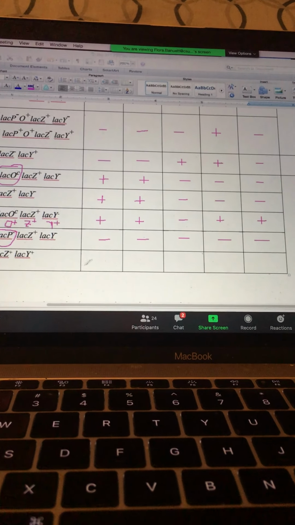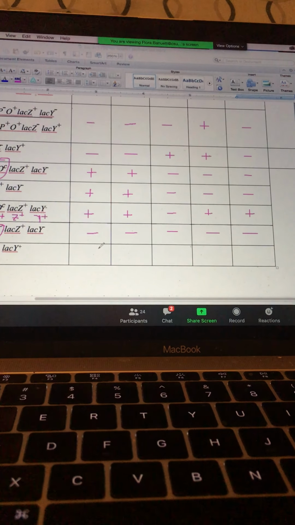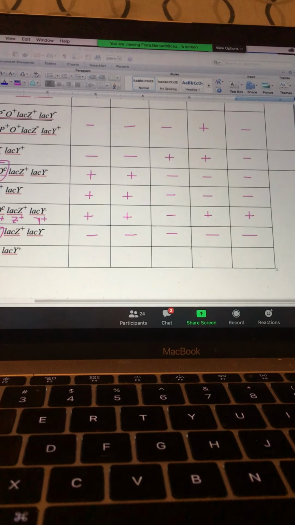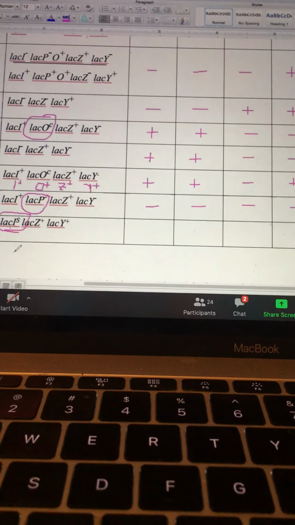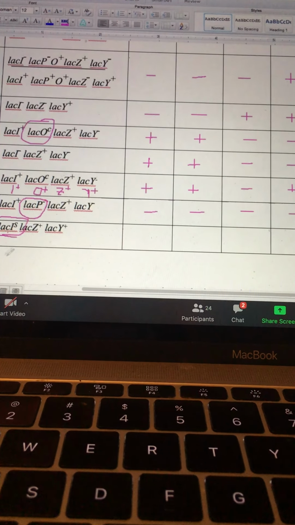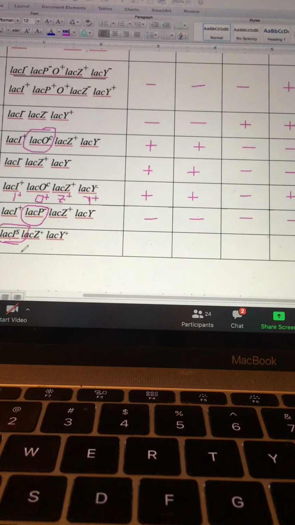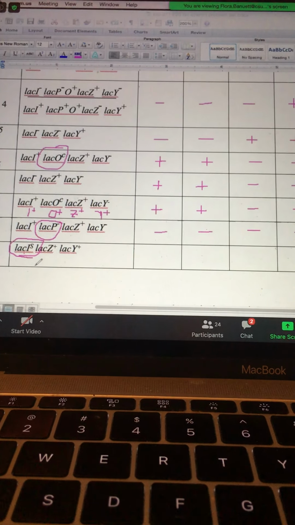Okay, and this one, obviously you don't know unless you read the assignment in the textbook. You have a very interesting repressor mutation, the lac I S mutation, and S stands for super repressor, not suppressor, super repressor.